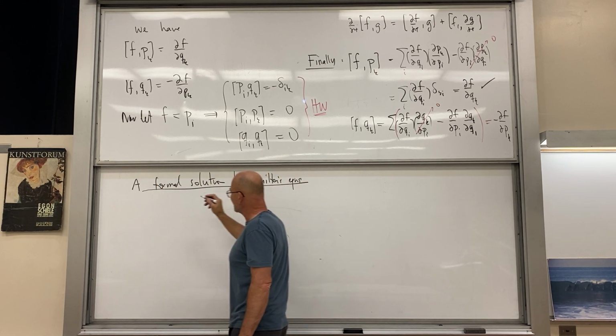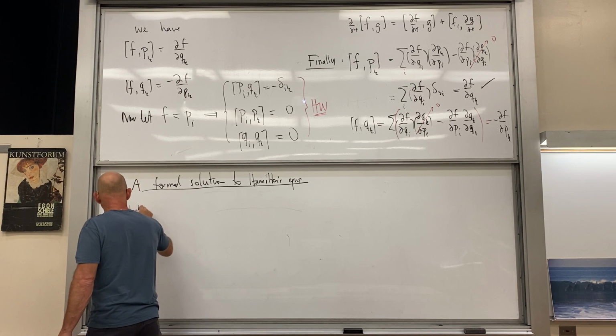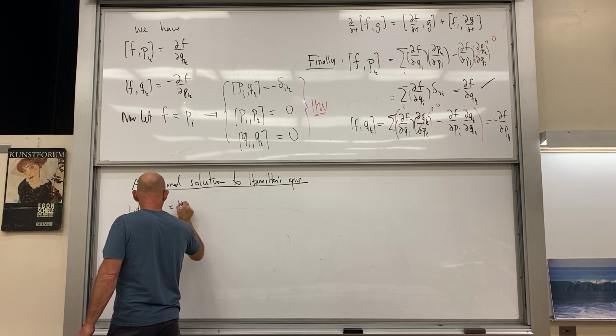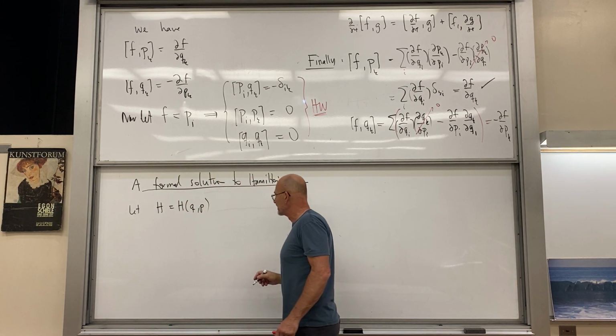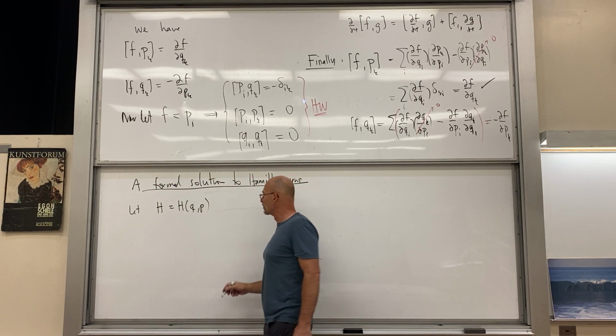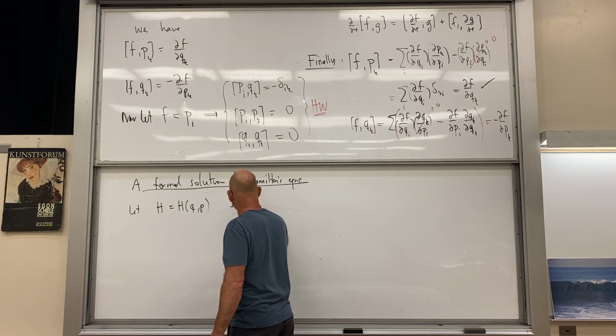And what we're looking at is, let H be equal to H of Q and P, no explicit time dependence, and this is one variable, a system with 1 degree of freedom.